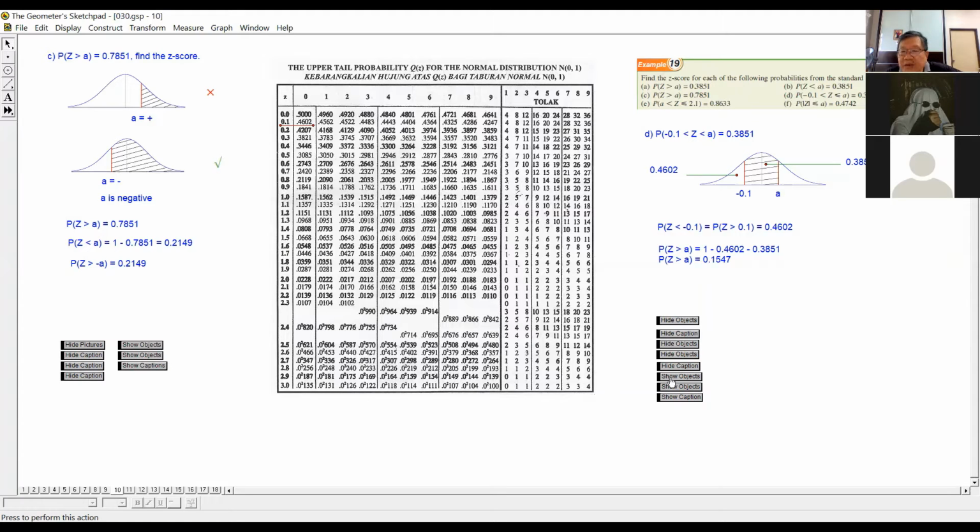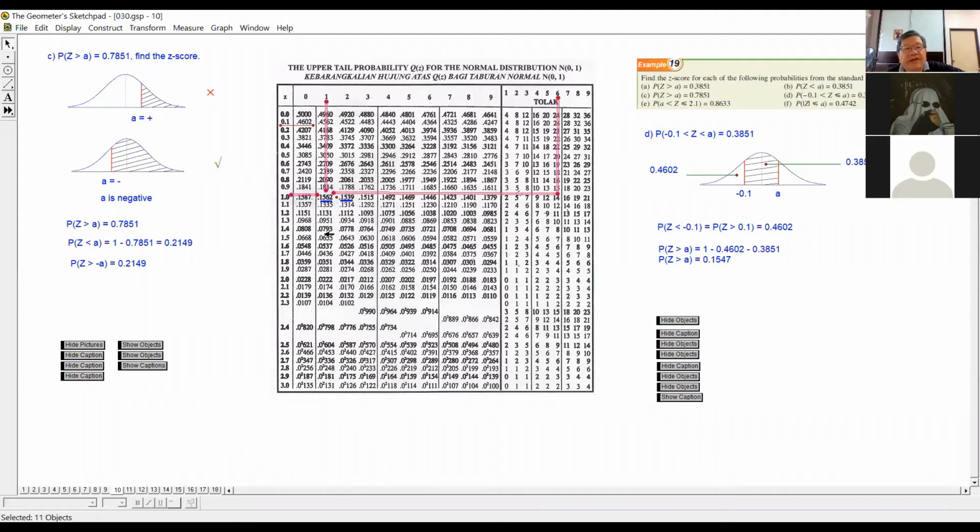0.1547 lies between two numbers. So what are the two numbers? 0.1562 and 0.1539. Okay, so you choose the left hand side, 0.1562.